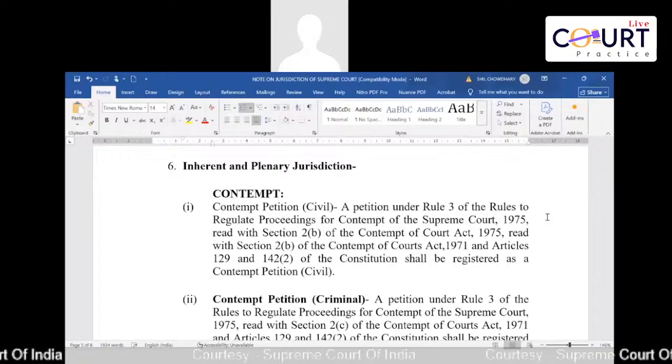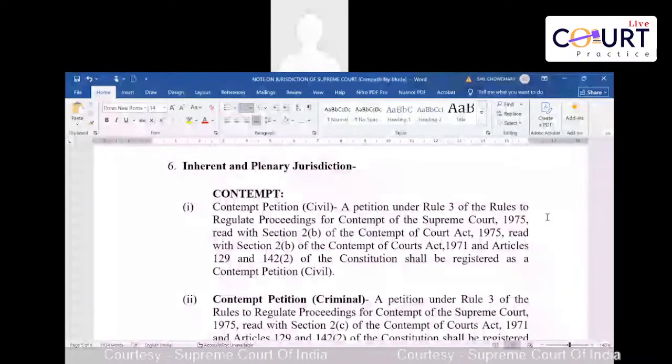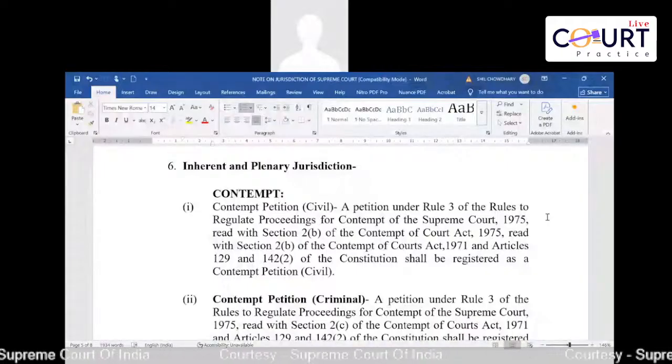A recent example is where the Constitution bench said that a divorce in case of irretrievable breakdown, even though it is not a ground for divorce under the Hindu Marriage Act, can be granted by the Supreme Court in exercise of its power under Article 142. That was the case of Shilpa Shailesh versus Varun, where Justice Sanjeev Khanna, the former Chief Justice as he then was, authored the judgment.